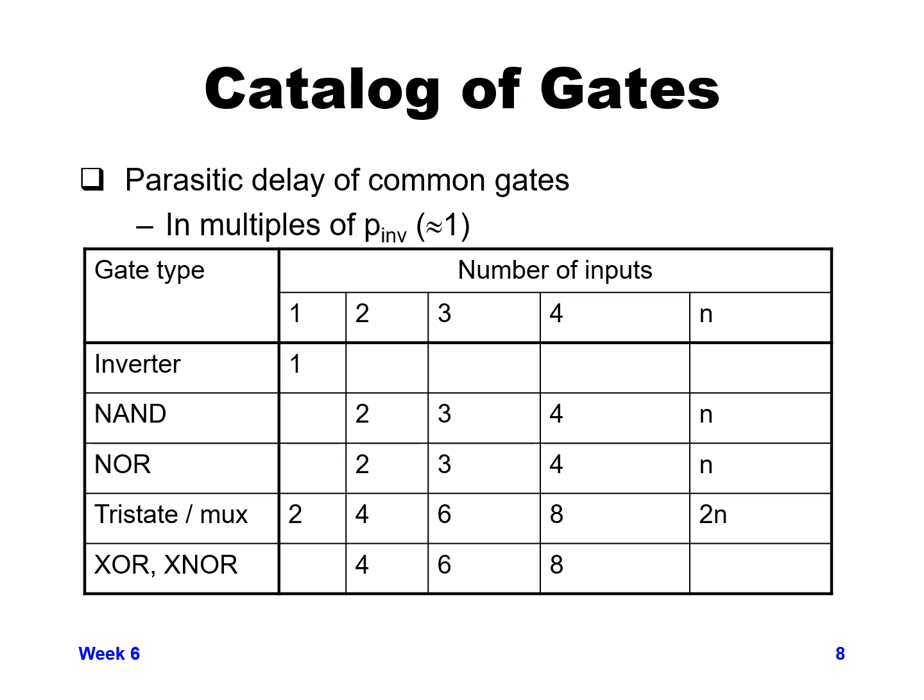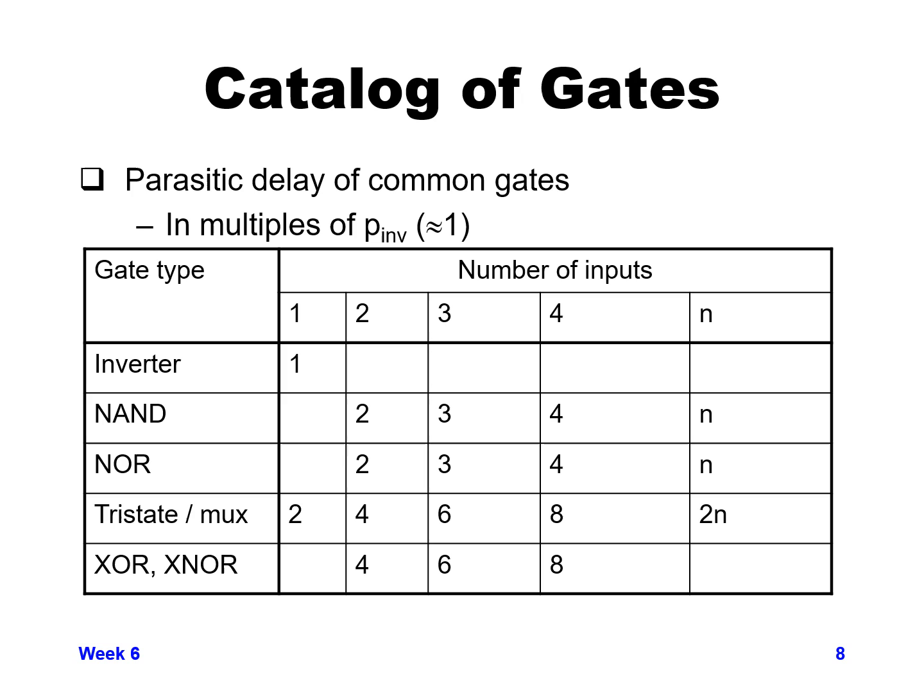On the previous foil, I presented the table that showed the logical effort for a variety of different gates. This one is a table of the parasitic delay, since keep in mind we need the logical effort and the parasitic delay, as well as the fanout, or the amount of load that the given gate is driving, in order to calculate the overall normalized delay for a given logical stage.